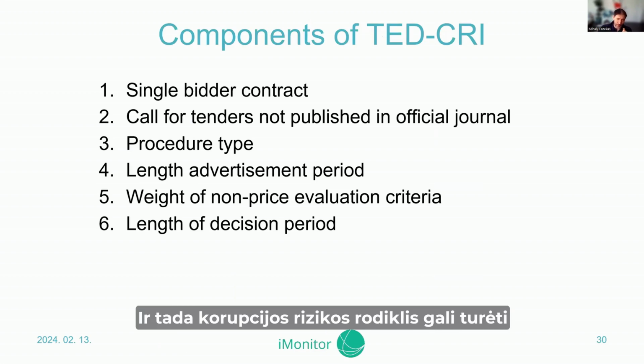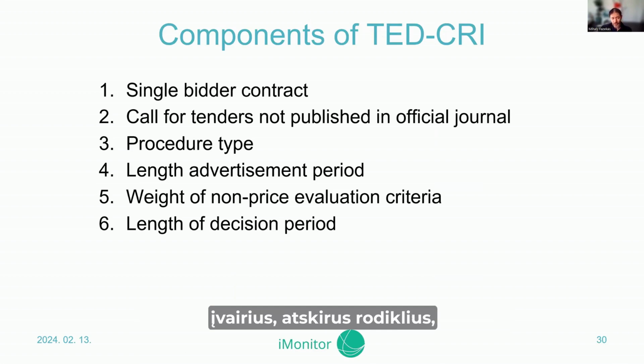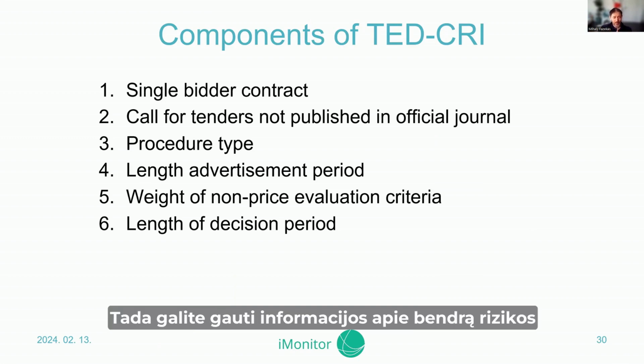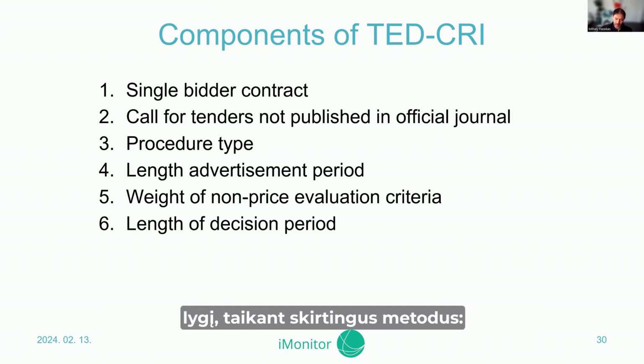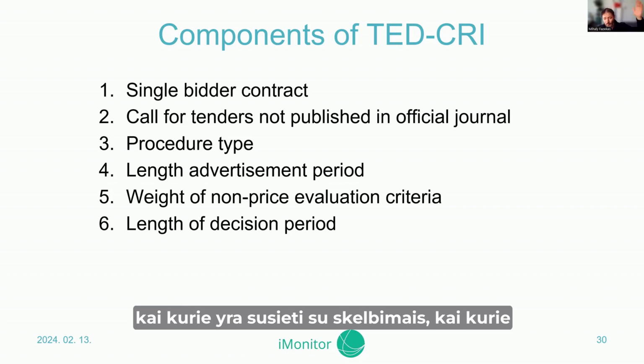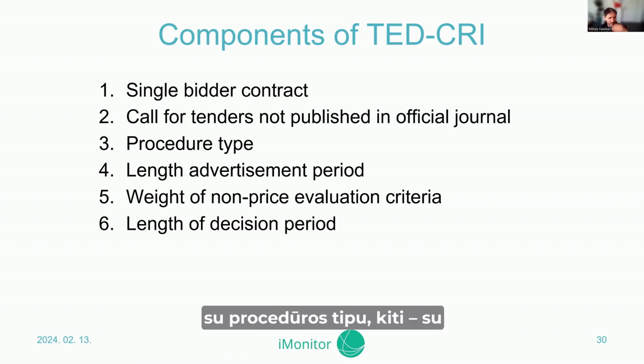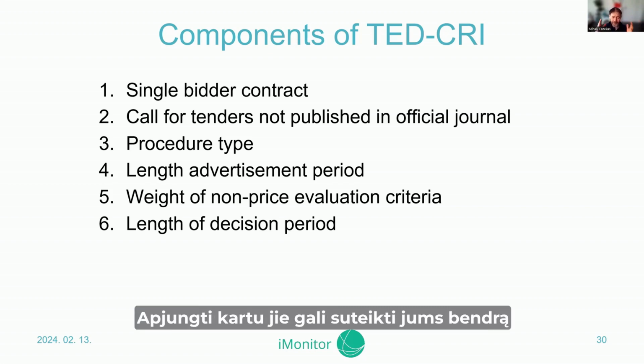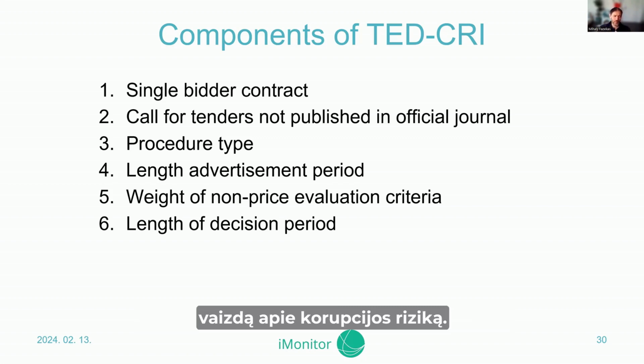Okay, and then the corruption risk indicator, we can have various individual indicators pulled together into a single score. Then you can get an indication of the overall level of risk following different techniques. Some is linked to advertisement, some linked to procedure types, some linked to scoring rules and how they can be abused, and pulled together, they can give you a general, robust view of corruption risk.